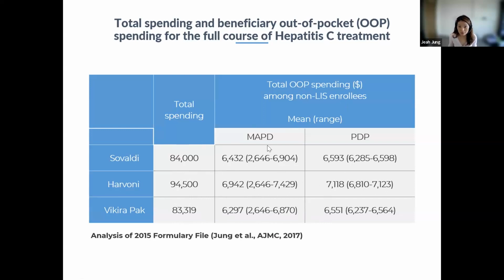I don't see much difference between MAPD and PDP for the mean values, but you can see large variation among MAPD, right? Some MAPDs need only $2,000 or $2,600 to complete the treatment. But every beneficiary in PDP plans needs more than $6,000. So you can easily apply these things.